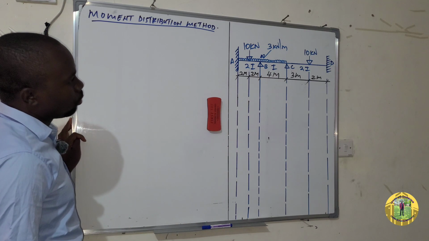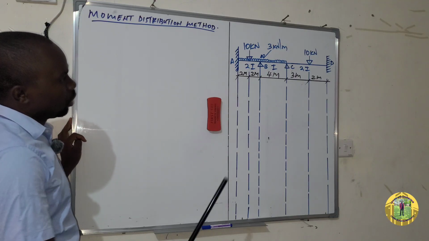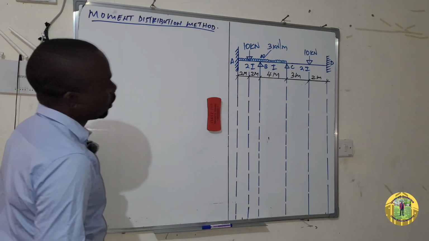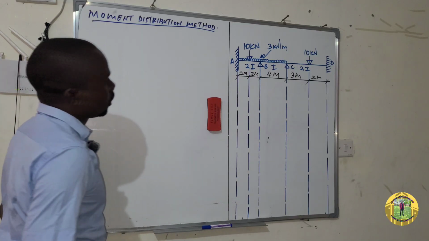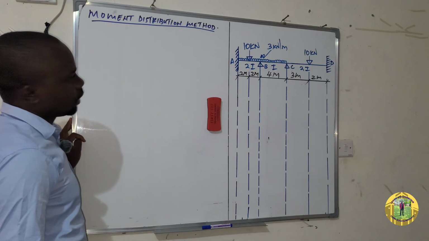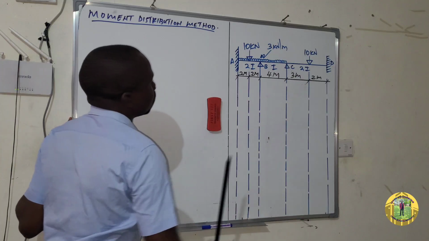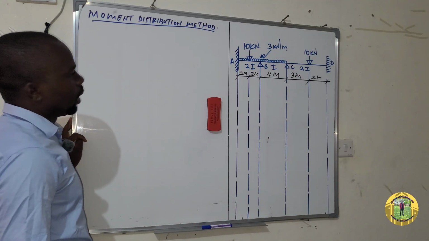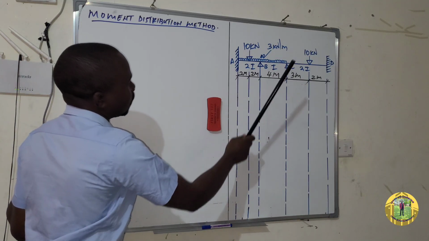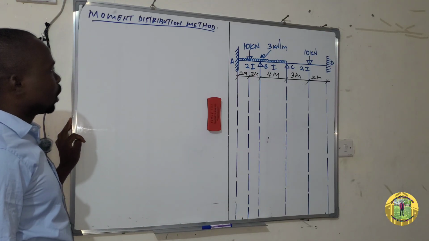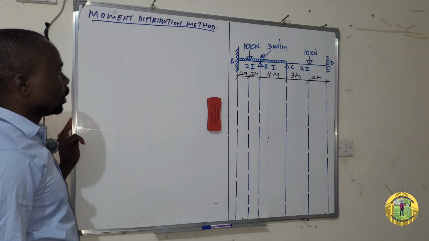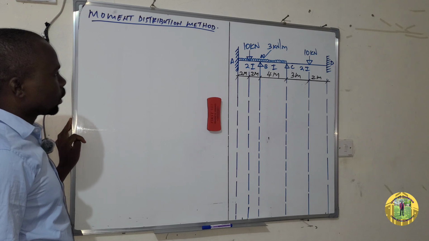Then we have a uniformly distributed load of 3 kilonewton per meter, spanning from A to C. And then we have another 10 kilonewton point load placed 3 meters from point C and 2 meters from point B. So let's see how we can analyze this continuous beam.